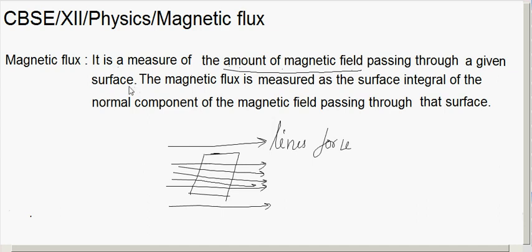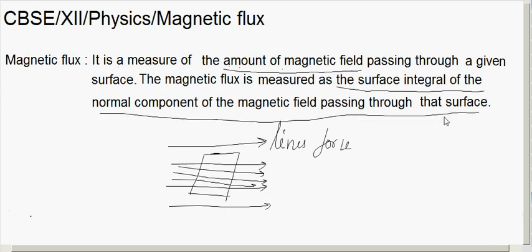So it is always measured with respect to a given surface. How many lines cross that surface? That is the magnetic flux. It's a measure of how many field lines pass through that given surface. And mathematically it can be measured as the surface integral of the normal component of the magnetic field passing through that surface.